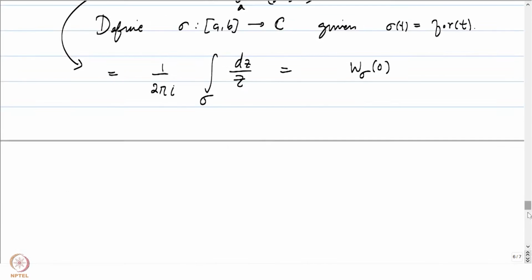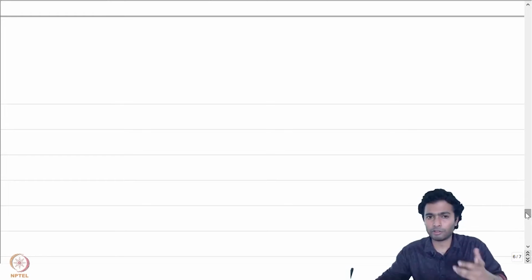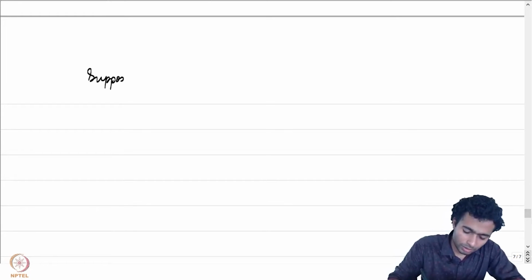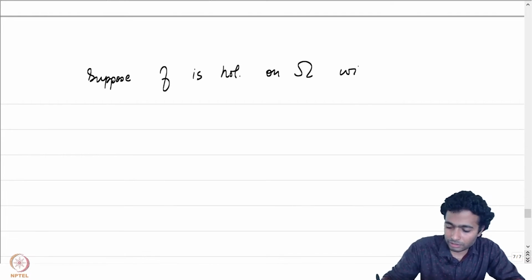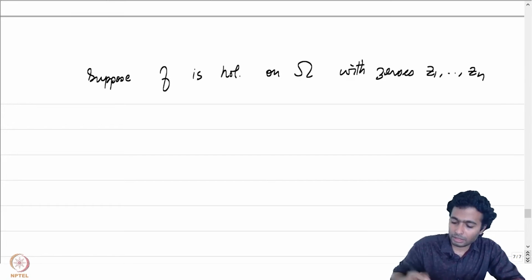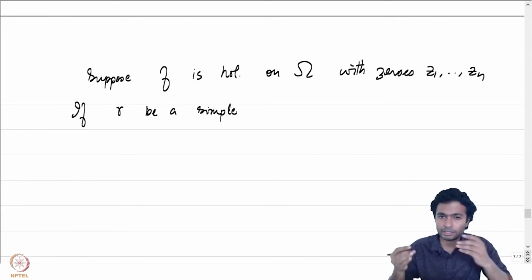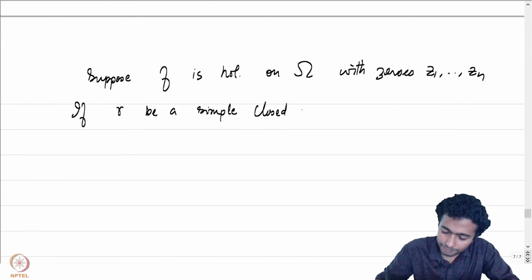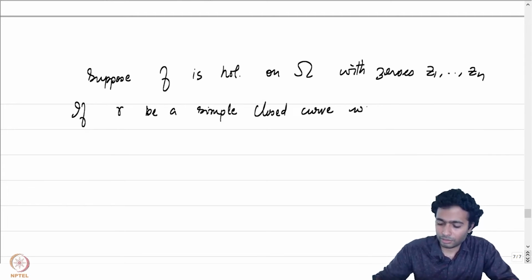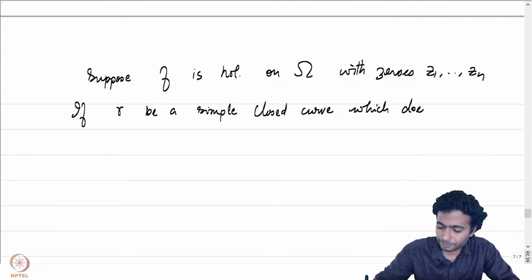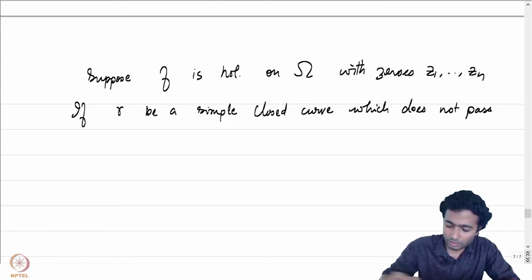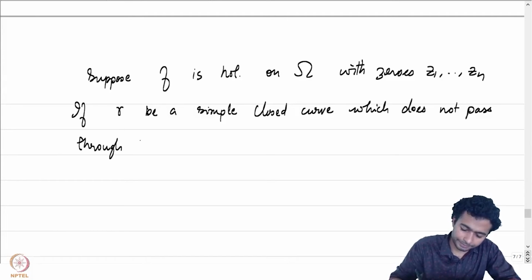A remark before we go further about what happens when f does not have poles. Suppose f is holomorphic on omega with just the zeros z1 to zn, and suppose you take a curve gamma, a simple closed curve, in which case the winding number is either 0 or 1, which does not pass through the zi's.